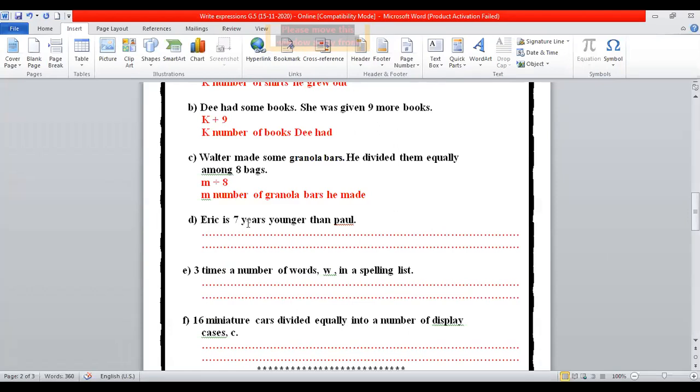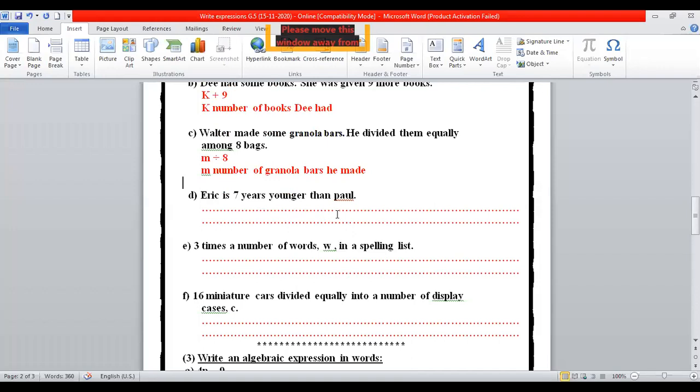Eric is 7 years younger than Paul. Younger than, like less than, like smaller than. What is the operation you will use, guys?